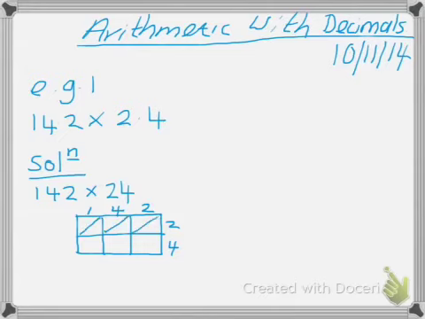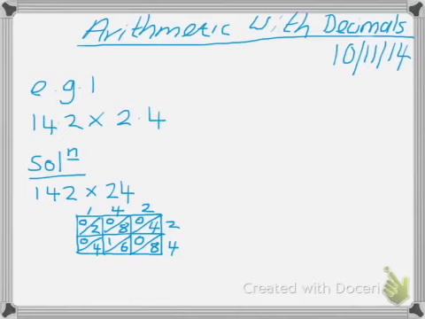I'm going to draw a diagonal across each one of these boxes, and I'm going to say 2 times 2 is 0 tens and 4 units. 2 4s are 0 tens and 8 units. 4 2s, 0 tens, 8 units. 4 4s are 16. 1 2s are 0 tens and 2 units, and 0 and 4 in here.